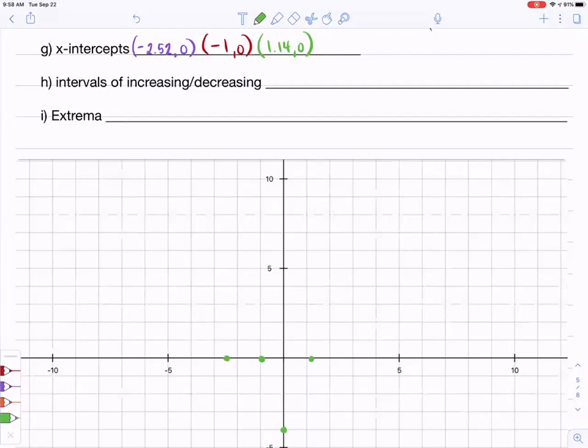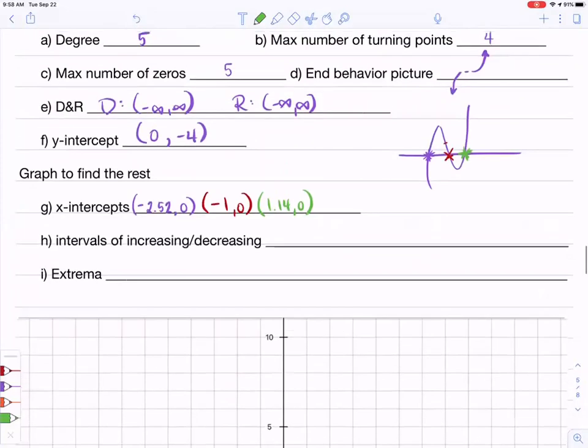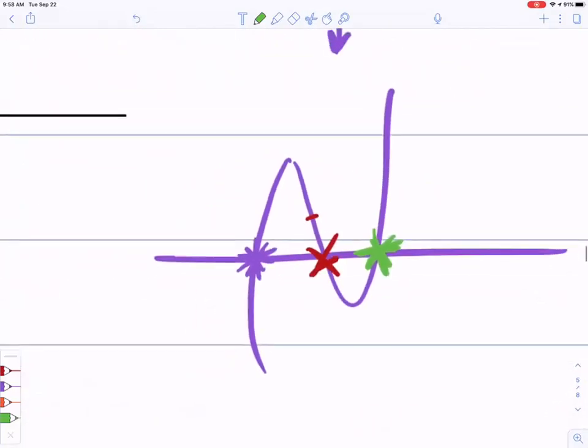Still not ready to graph my picture yet. And I'm not even ready to get part H, the intervals of increasing and decreasing. I need part I, the extrema, before I can find my intervals of increasing and decreasing. So let's go back to my little picture. How many extrema do I have? There's 2.